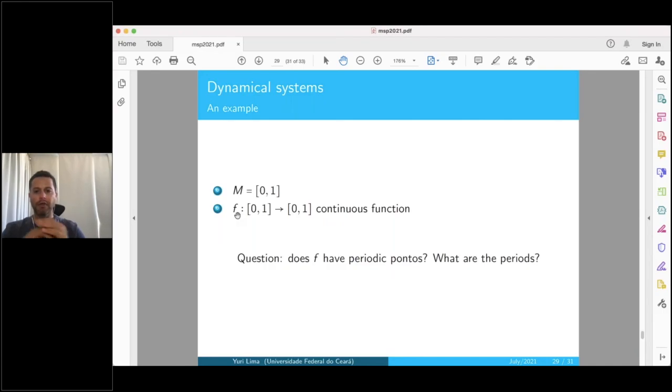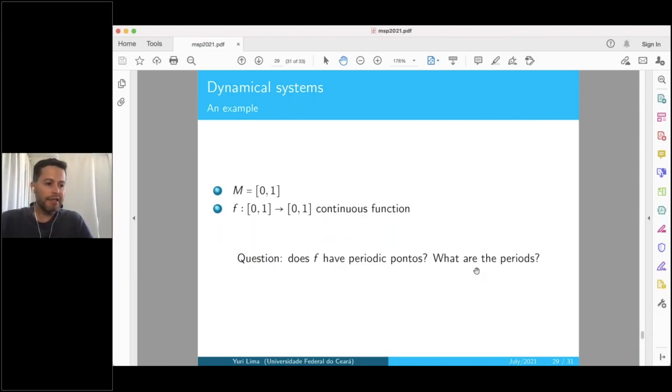Okay, so oversimplifying the question that we want to answer, which is to understand the iterates of this map f, we want to simplify and try to understand by means of periodic points. So the first question is to know whether f has periodic points or not, or a more precise one is to understand what are the periods that appear for this f.